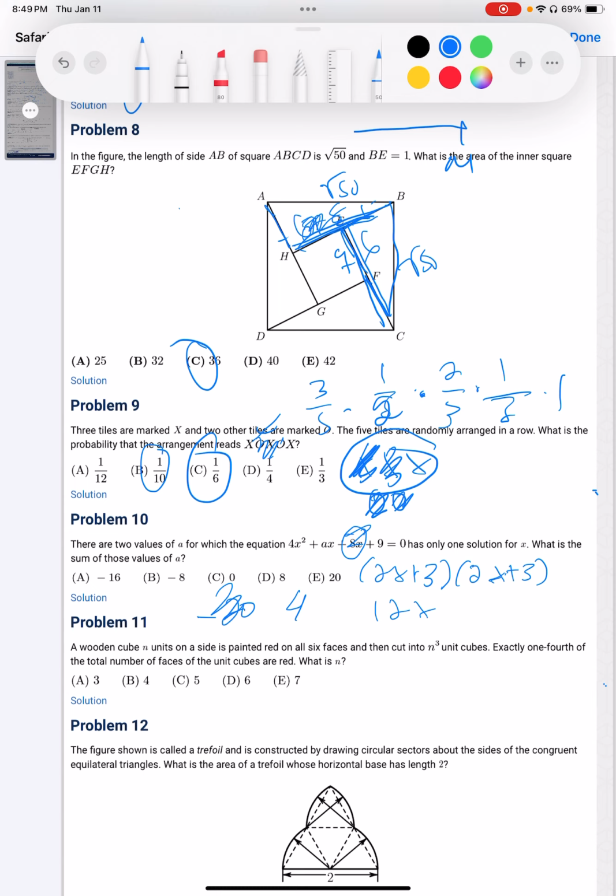Yeah. We basically just need to get it's 12. It should just be 4 and 8.